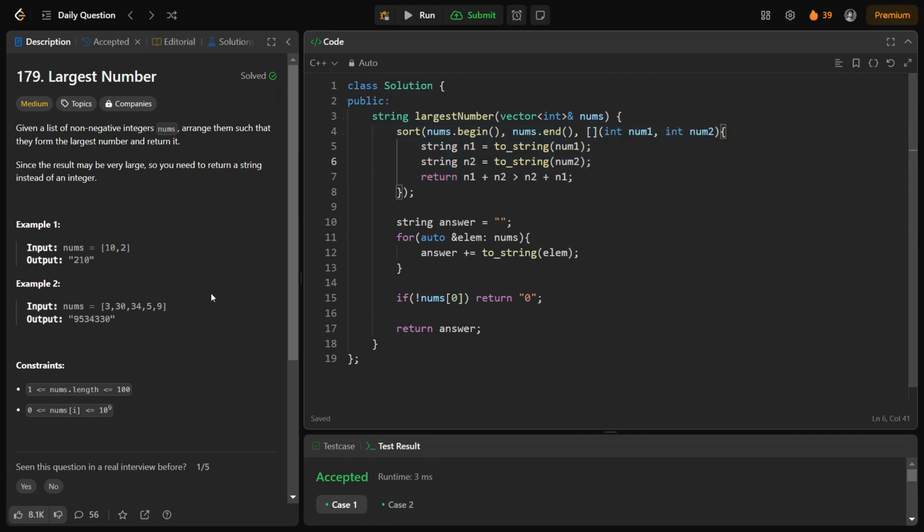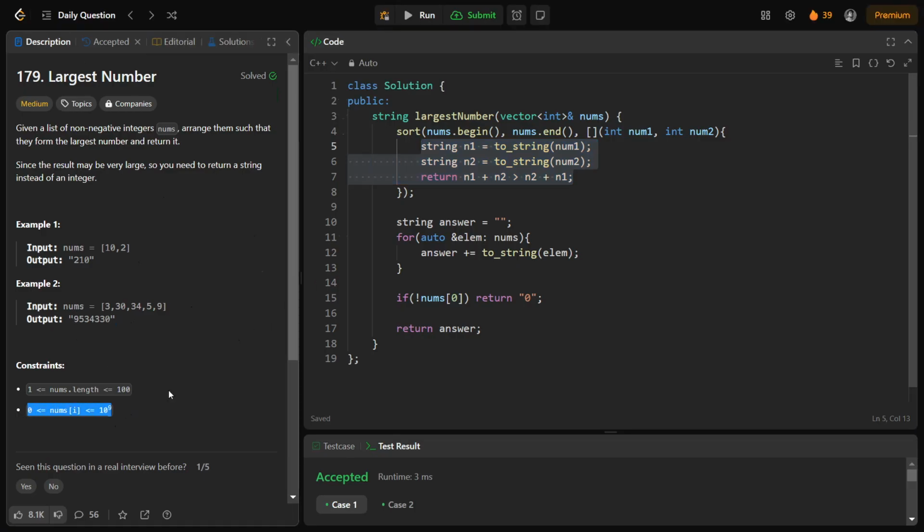Now one more thing to note, that nums of i is at most 10 to the power 9. So after converting to a string, it would have at max 10 digits. So converting and comparing could be treated as a constant time operation in a way, because the size is at max 10.